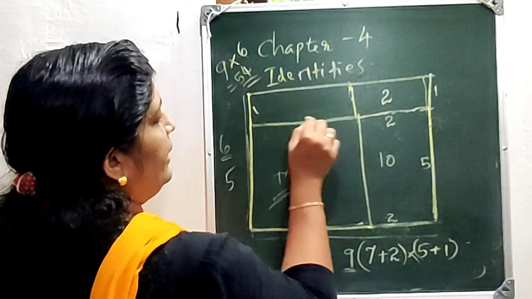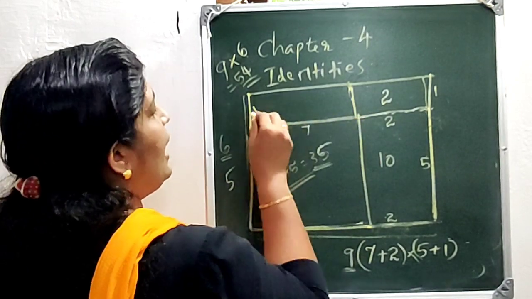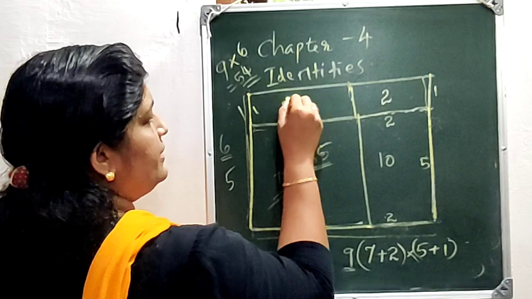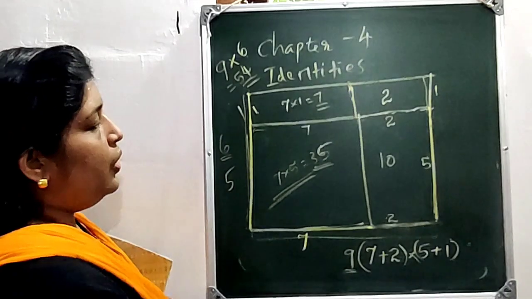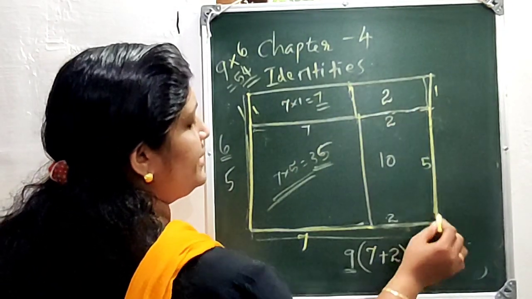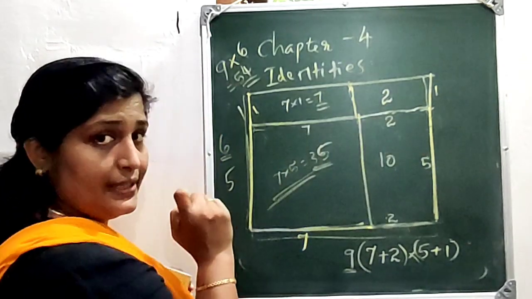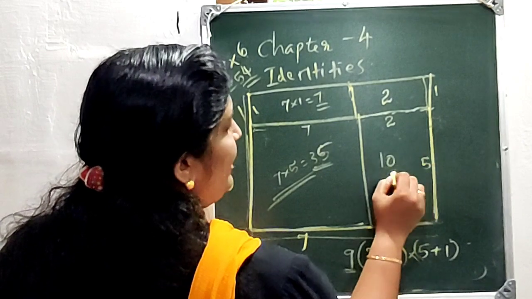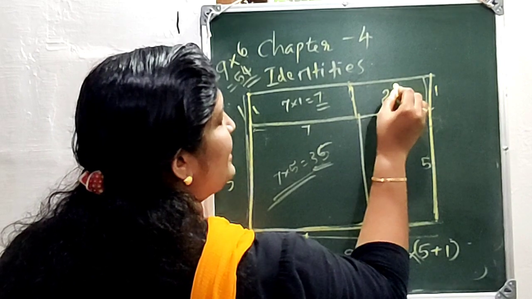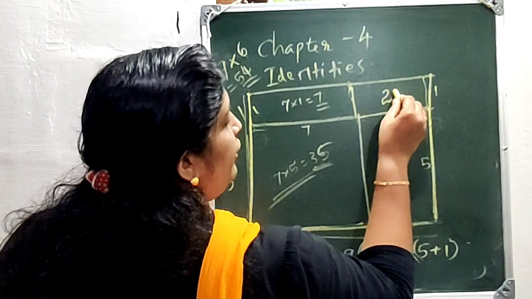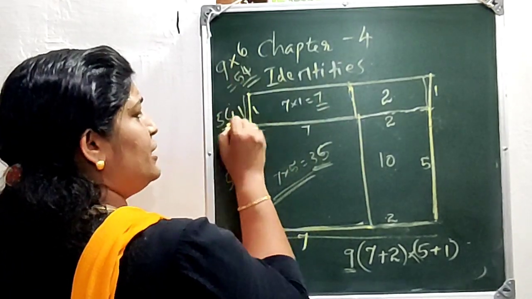Finally, here is the fourth rectangle, with length 7 and breadth 1, so its area is 7 into 1, which is 7. The area of the big rectangle is the sum of the areas of these 4 small rectangles. So 35 plus 10 is 45, 45 plus 2 is 47, 47 plus 7 is 54. We got the very same answer, 54.